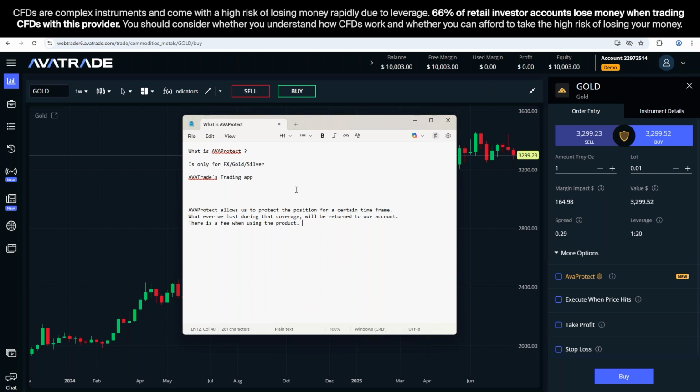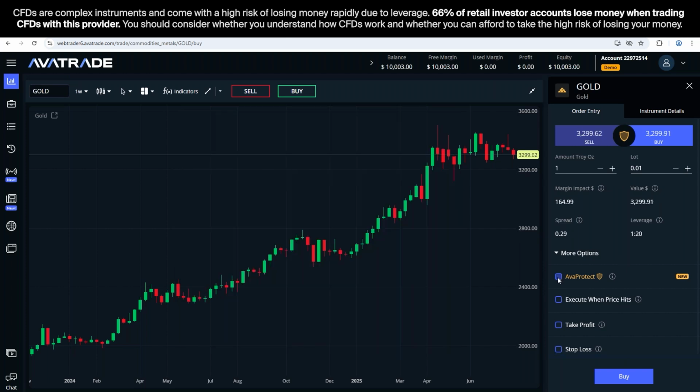You don't have to remember that, because even if I point on the I here, it's going to explain exactly that. But I always like to write it down in a very simple way for us to remember and understand. What does that mean? If I click on the box or on the shield, it does the same thing.